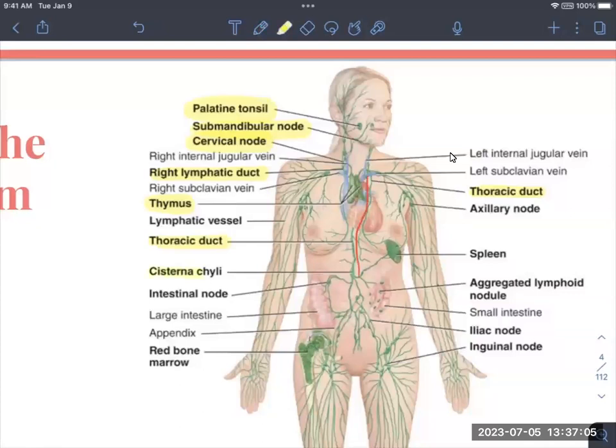We have a cisterna chyli, intestinal nodes that are also known as Peyer's patches, your red bone marrow, because your red bone marrow is what makes your white blood cells, axillary nodes, that spleen, here's more aggregated lymphoid nodules, iliac nodules, inguinal nodes. These are all different lymph nodes.